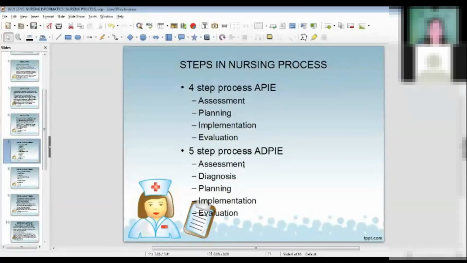So we have assessment. Assessment is observation. Now we have the diagnosis. So we formulate an assumption of what is wrong or what is the disease condition of our patient. In diagnosis, we make use of the nursing diagnosis. Again, we will learn these different nursing diagnoses as we continue with our discussion of the nursing process.